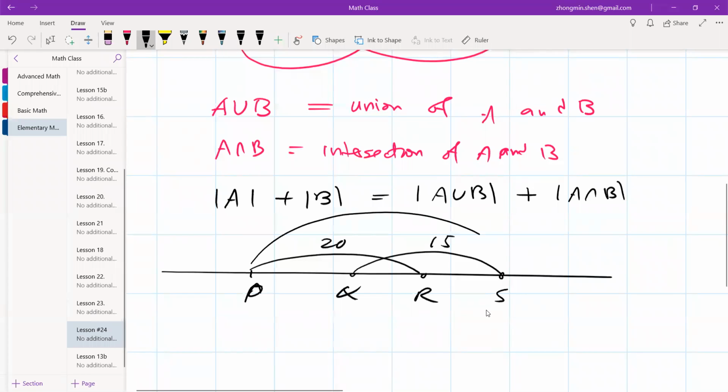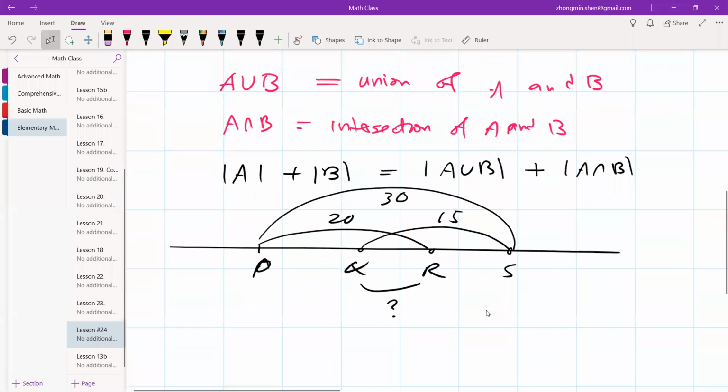If you also know the distance between P and S, that's going to be less than 35. Let's say 30. So in that case, what is the distance between Q and R?